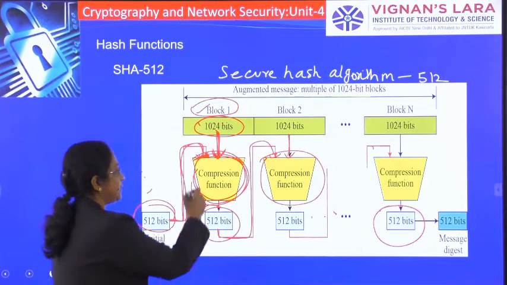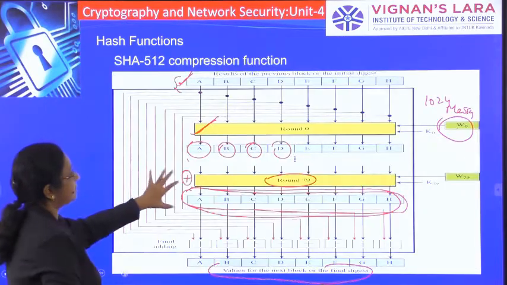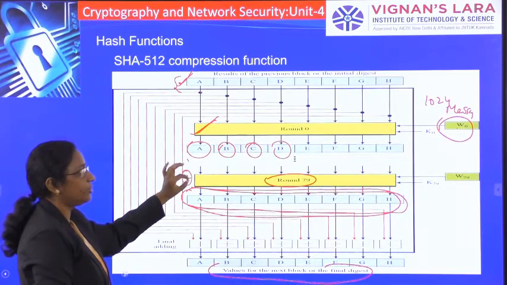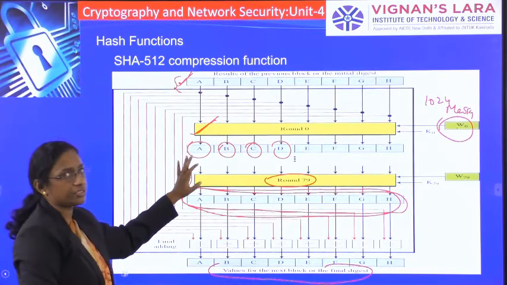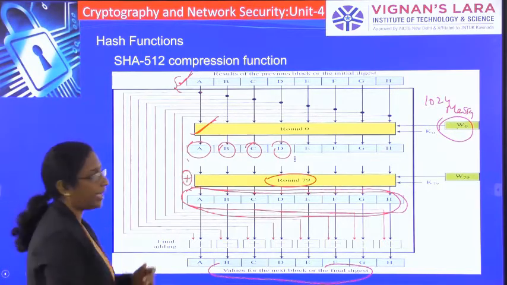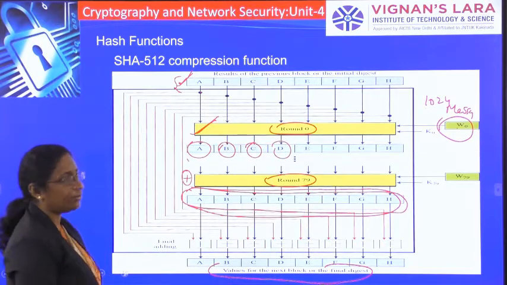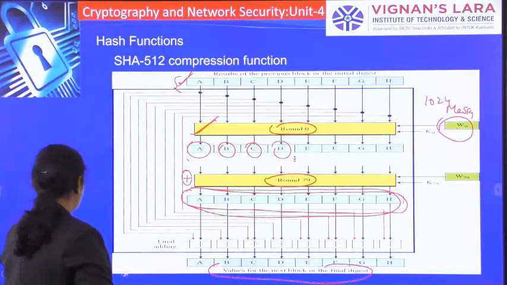This is the structure of the compression function, where the compression function goes through 80 rounds, counting round 0 along with the others.